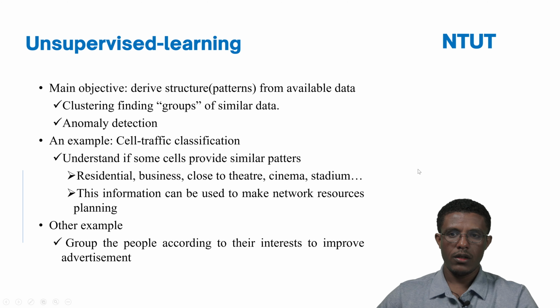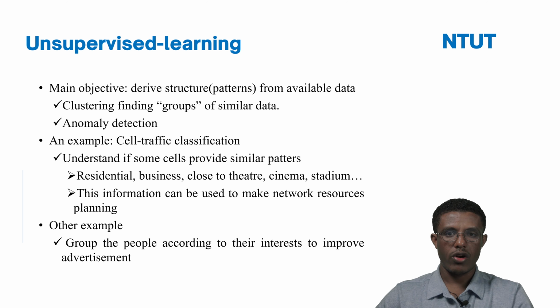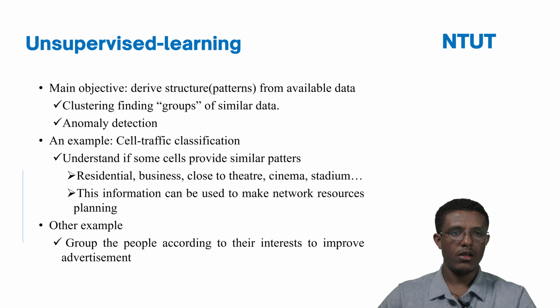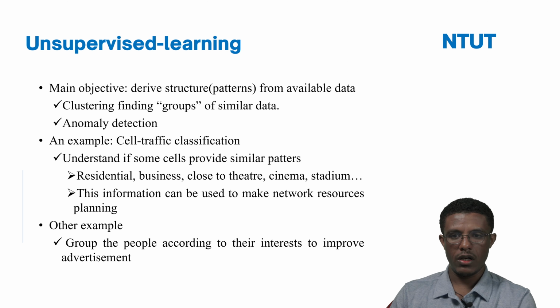In unsupervised learning, the main objective is to derive structure or patterns from the available data. Clustering means finding groups of similar data. When we give some data, it just groups based on similarity in the data. That is an example.